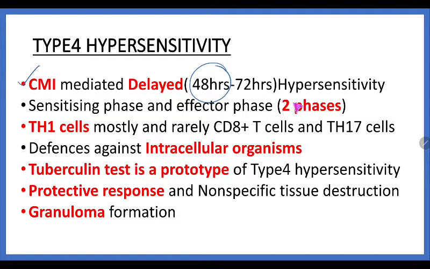Here also there are two phases, and one important cell is the Th1 cell, rarely CD8 and Th17 cells. It is all about intracellular organisms, again to be noted. Then the tuberculin test is a prototype test for this type 4 hypersensitivity reaction. This type 4 hypersensitivity reaction is a protective response, but there is non-specific tissue destruction, and it is also present with granuloma.